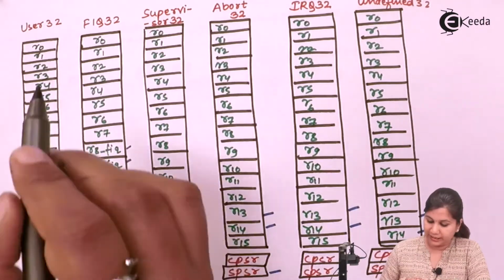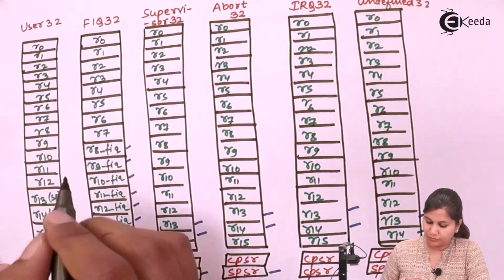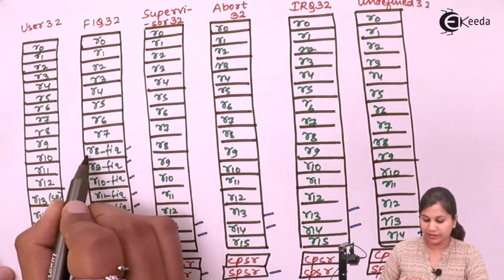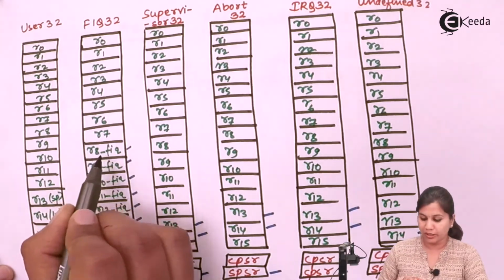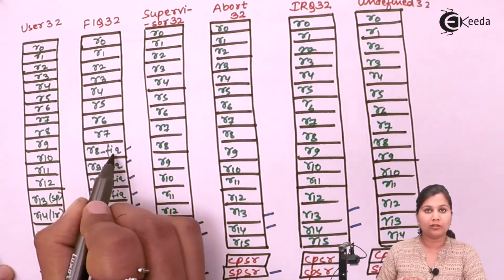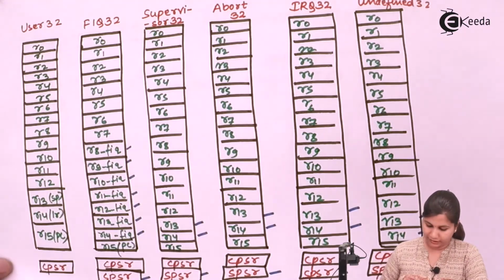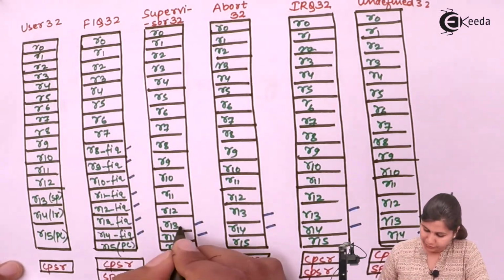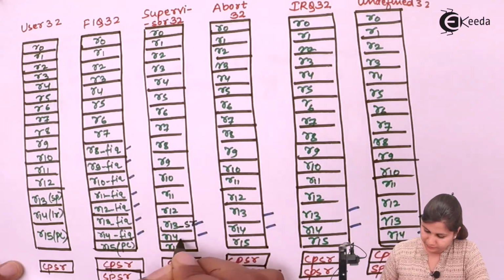So here you can see that banked registers are shown by the register number, then underscore, and after that we write the mode. Here also R13 and 14, after that the mode is written.